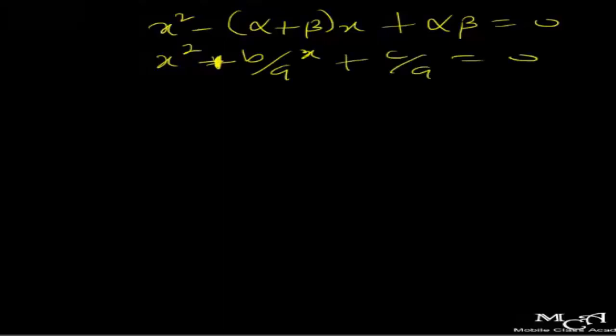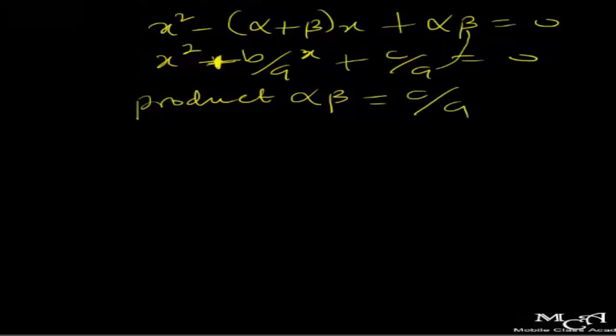Now I've told you what the sum of the roots is, but I have not given you the product of the roots. So the product of the roots, which is alpha beta, if you equate these two expressions here, you have alpha beta is equal to c over a. So that means our alpha beta is always c over a.